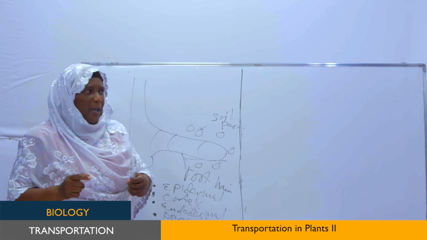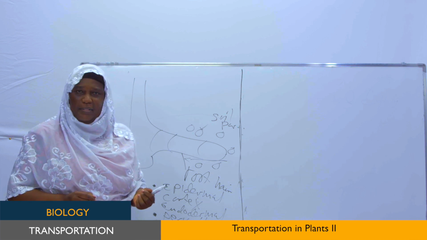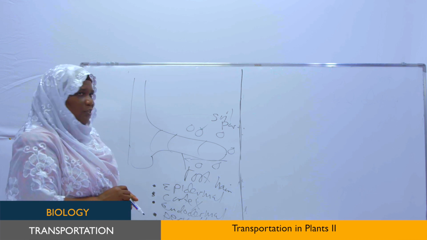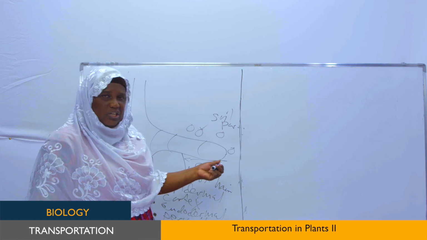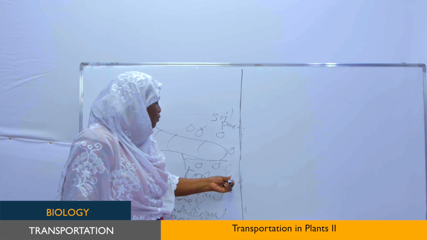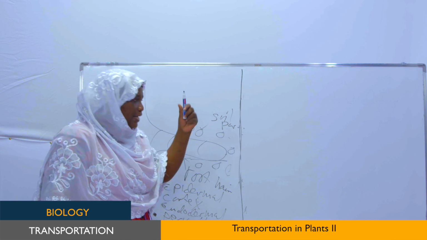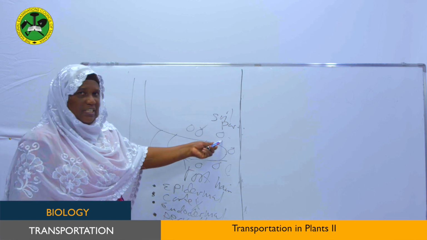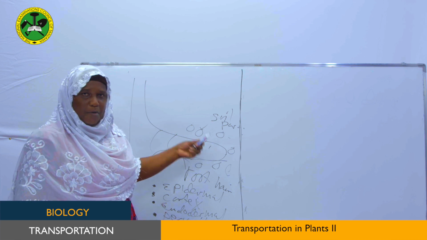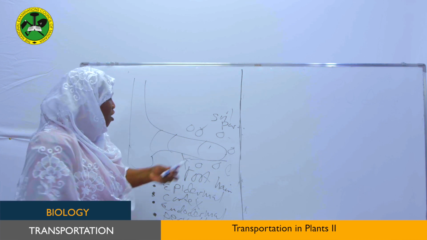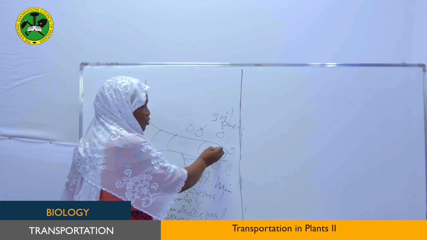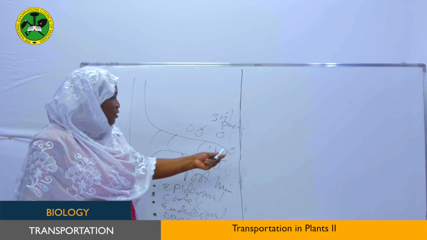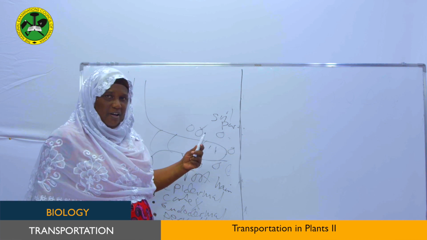So the question says, describe the paths of movement of water and the mineral salts. Last time we saw that water comes from the soil. That water should be absorbed by root hairs. But in order for this cell to absorb water, the concentration here should differ.